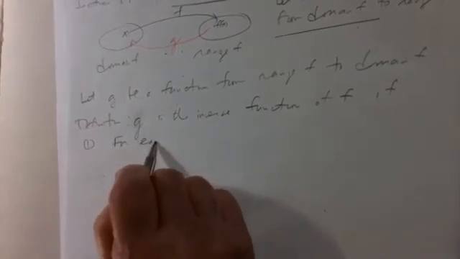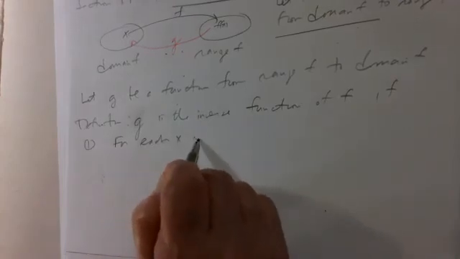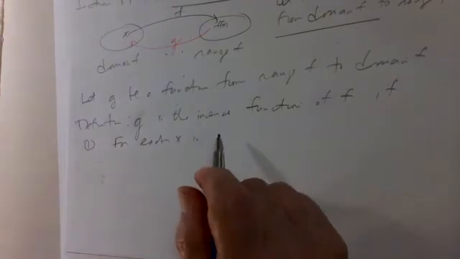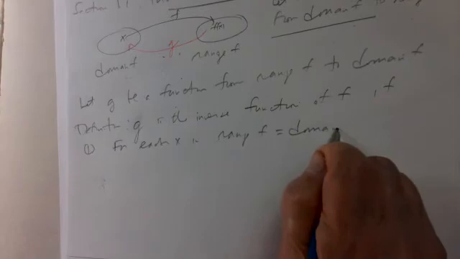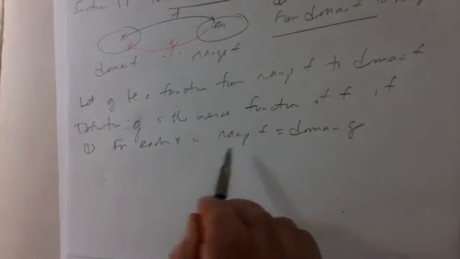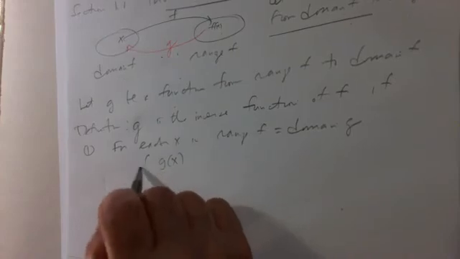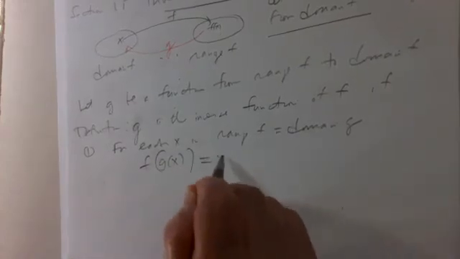For every x in the range of f, which is going to be the domain of g, we can take x, compute g of x, and then compute f of that, and we get back x.